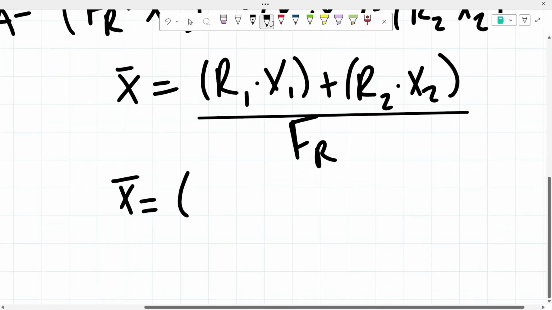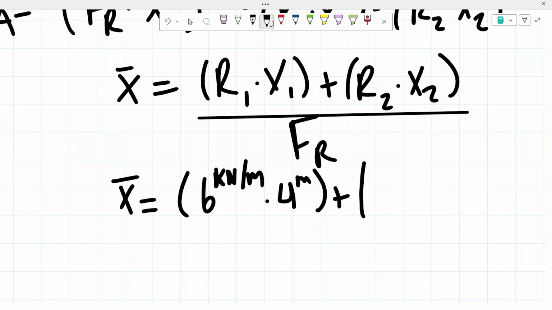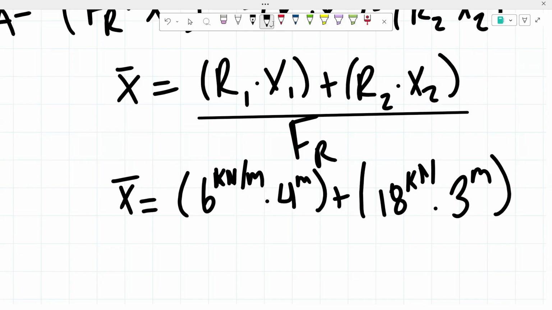We said that R1 is equal to 6 kilonewtons per meter times we said that the location was 4 meters. From there, R2 had a magnitude of 18 kilonewtons times 3 meters.